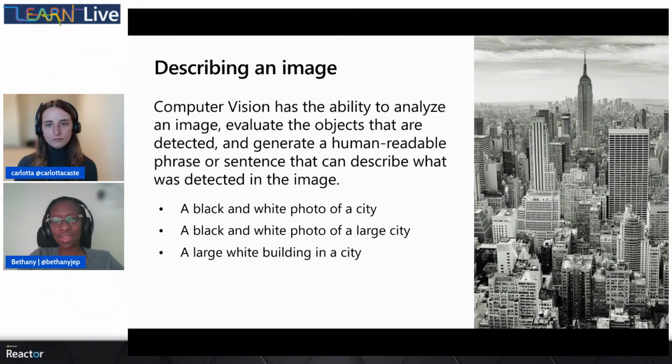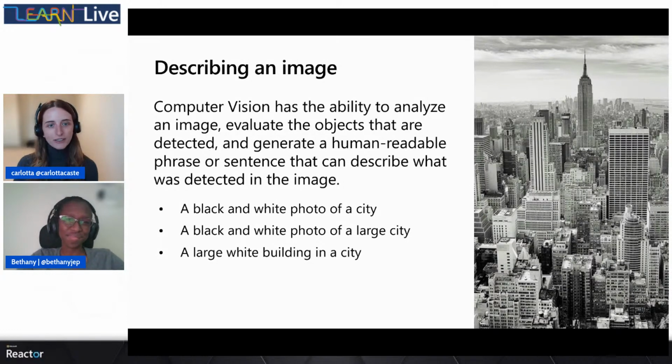Of course, New York is a large city, so this is also very correct. And then a large white building in a city. We cannot tell whether the buildings are white because the image is black and white, but you can see from the image that, yes, you can see several white buildings in the image. So definitely it's true. There's a very large white building in this city.